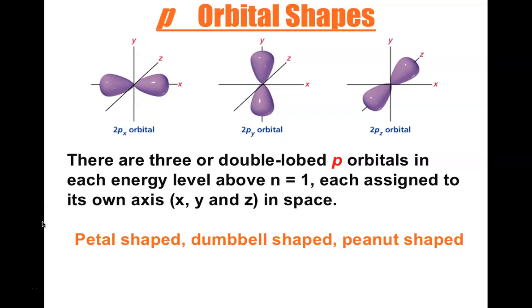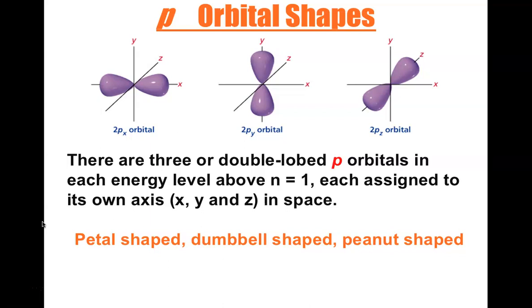Each one is this double-lobed type of shape that you're seeing. So the dead center, 0, 0, 0, on your axes is the nucleus, and the p orbitals stretch in 3 different directions based on x, y, and z. So again, they call them double-lobed. You could call it petal-shaped or dumbbell-shaped, like you grab the middle and lift weights, if you will.